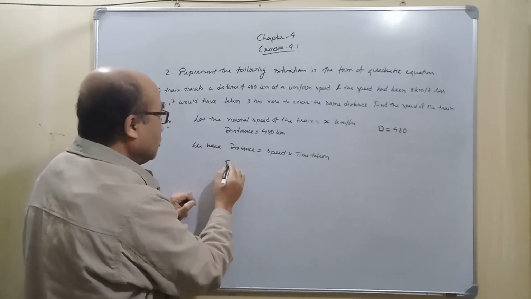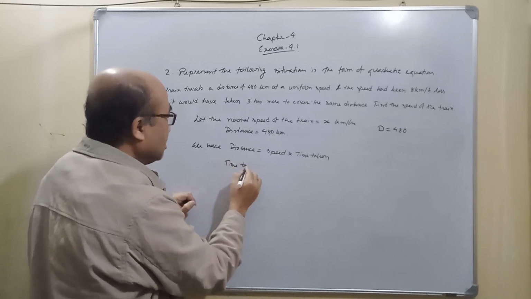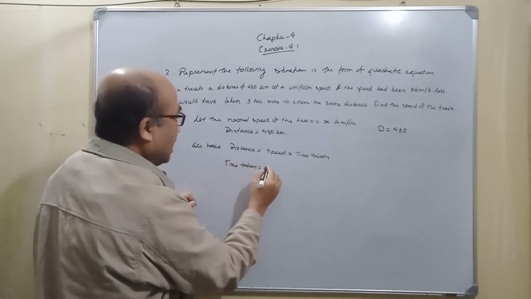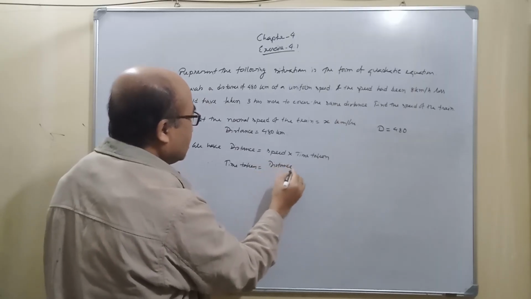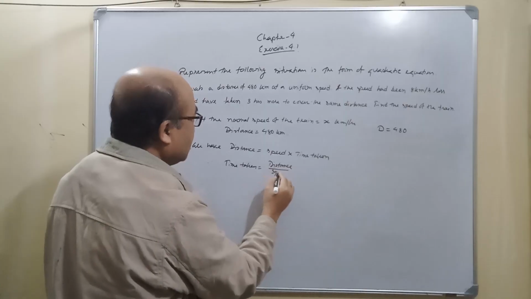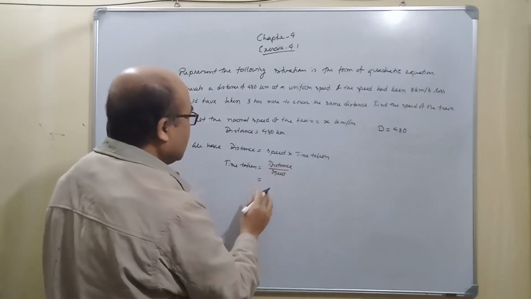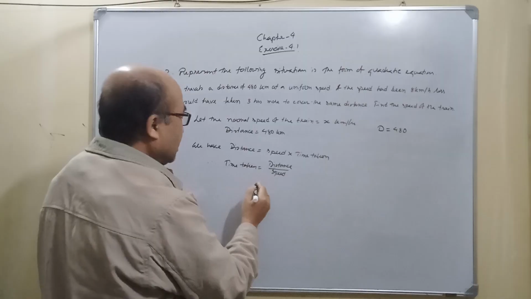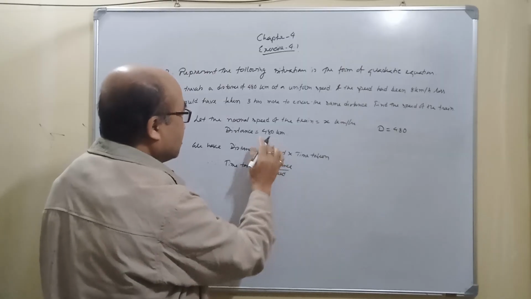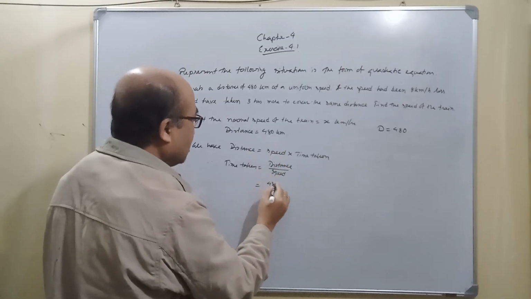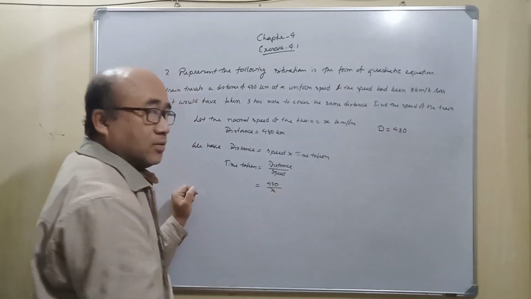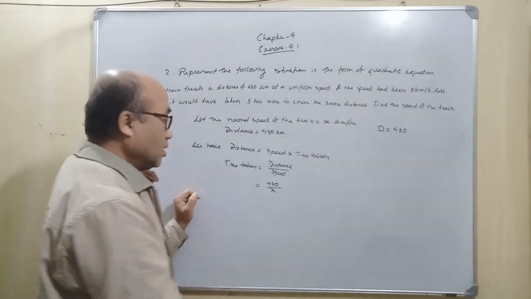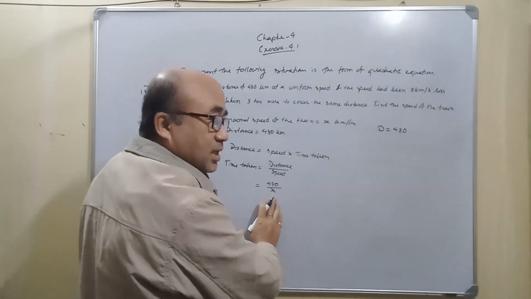Hence, we get time taken is distance by speed. So, what is the time taken? What is the distance? It is 480. What is the speed? x km per hour. So, this is the time taken.